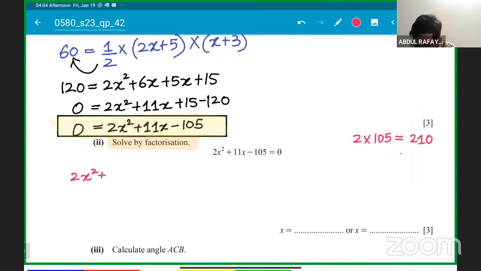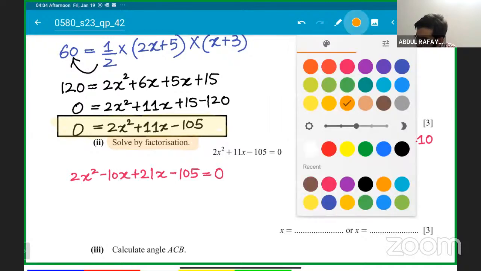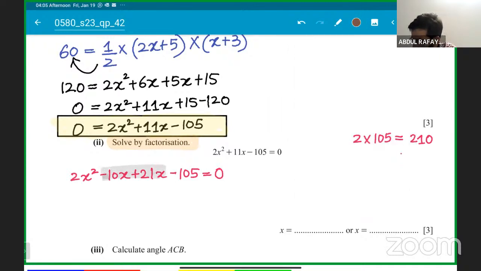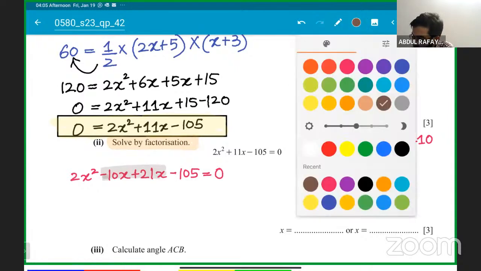So 2x square, because we need it positive, it will be minus 10x plus 21x, minus 105. That is the middle term breaking, students, because when you solve them, this will give us the 11x that we need. Minus 10x plus 21x gives positive 11x.